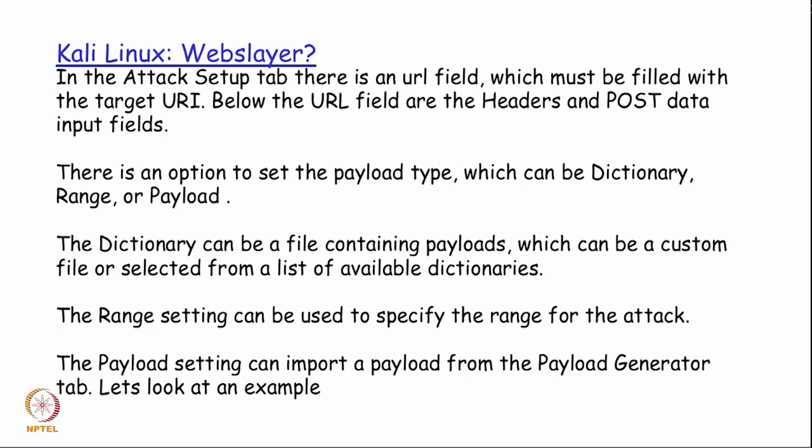Or I could have the range set. For example, let us say we have a credit card as one of the data fields in my HTML form that is submitted as part of the post request to the server. There are different types of credit card, a Visa card or a MasterCard, and if you strictly observe, each has a particular range associated with it.